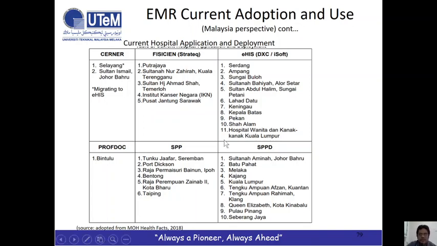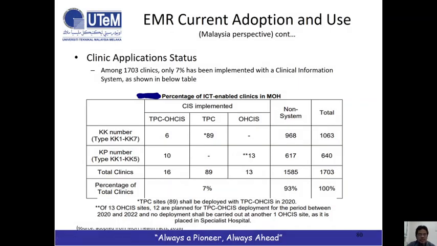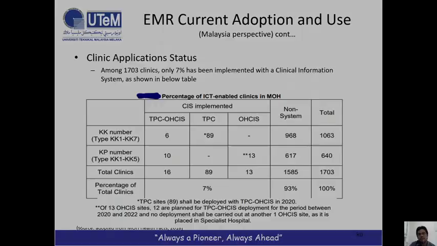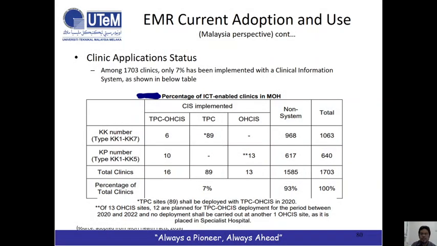They call it the total hospital information system, and they use a different application for clinics. By right, the same application could be used by all healthcare facilities. So this is another problem, and it will bring another problem of integration.